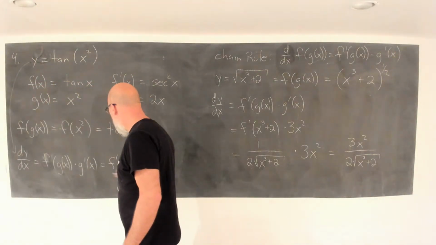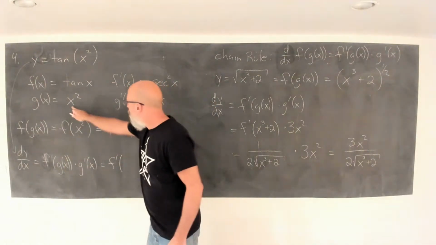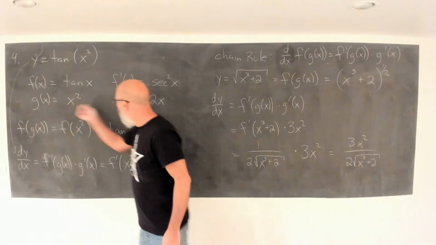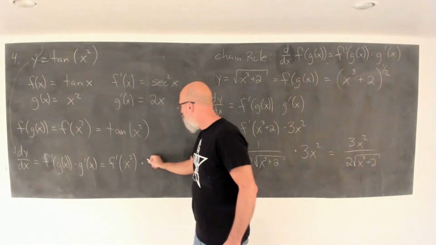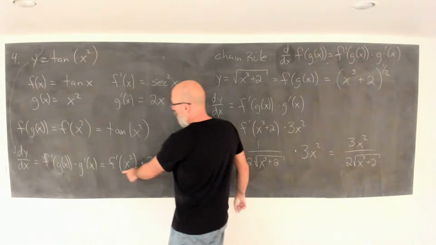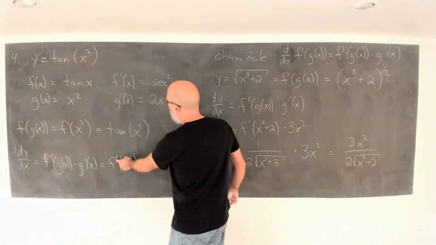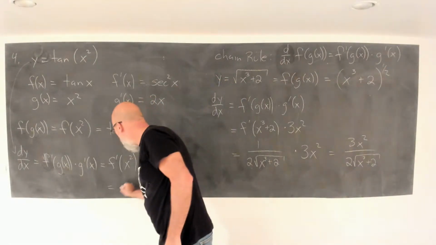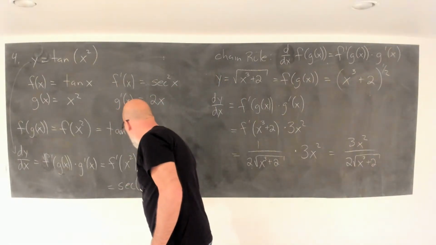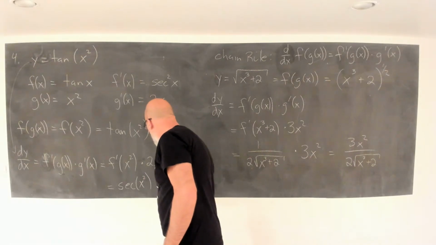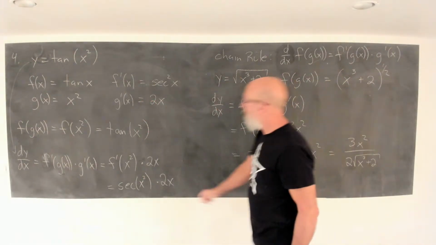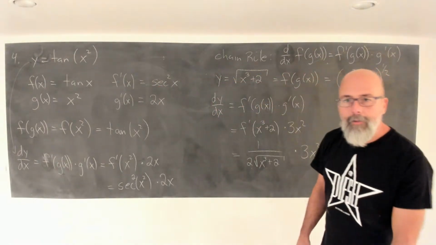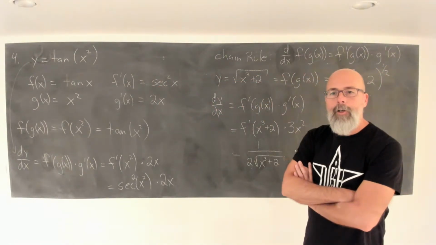So f prime of g of x is secant squared of x squared, times the derivative of g, which is 2x. Everywhere you see an x in f prime, you replace with x squared, and we get secant squared of x squared times 2x. Absolutely. Thank you, Erica.